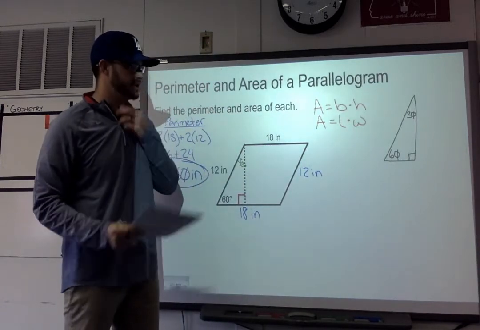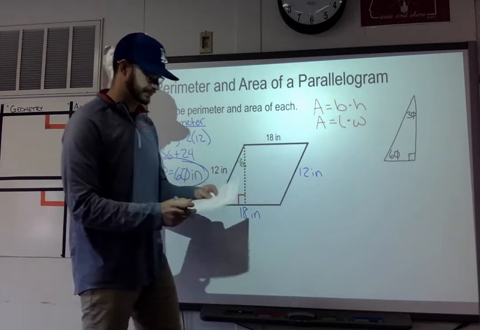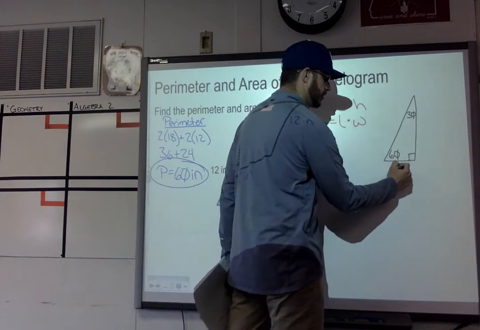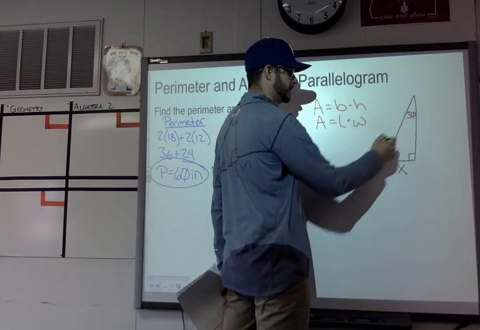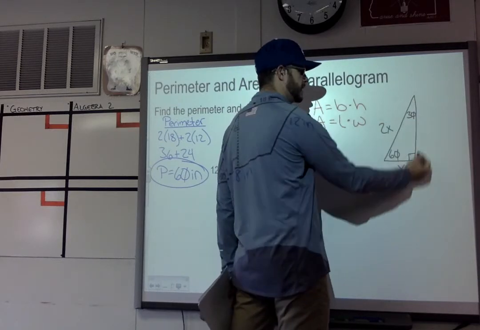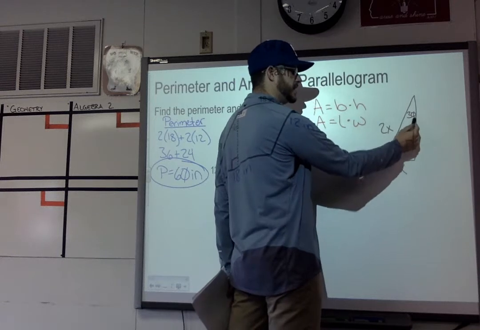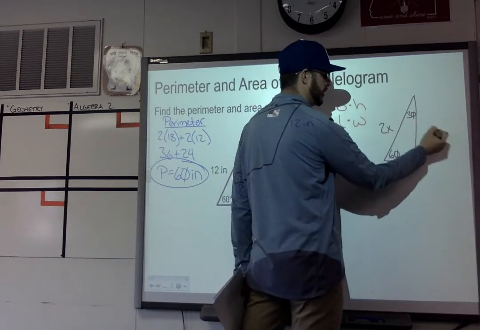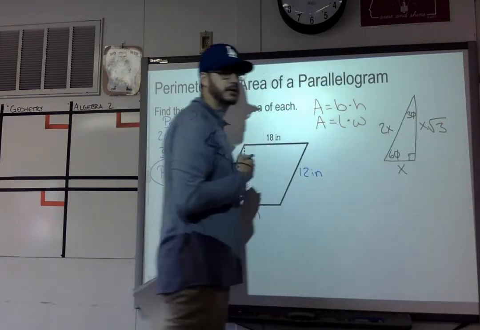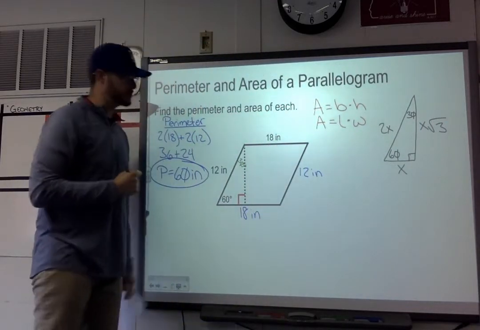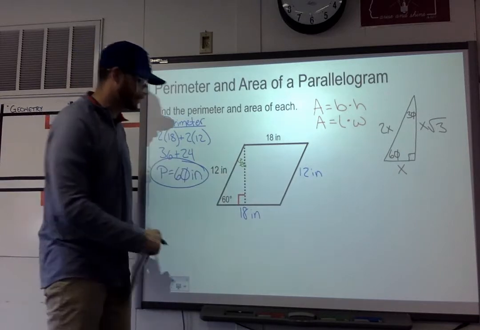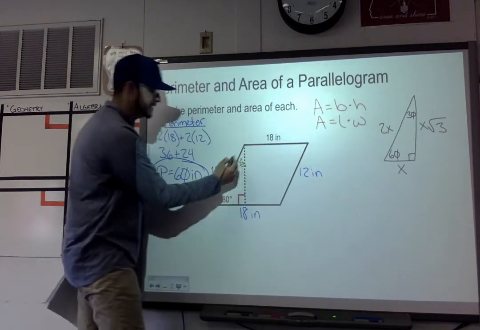When we're given a 30, 60, 90 triangle, the side opposite the 30-degree angle is x, the hypotenuse is 2 times x, and the leg that is adjacent to that 30-degree angle is going to be x times the square root of 3. So using that information, we can find our missing side lengths for this 30, 60, 90 triangle down here.